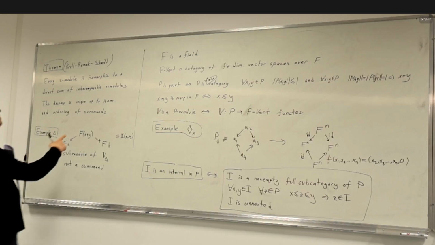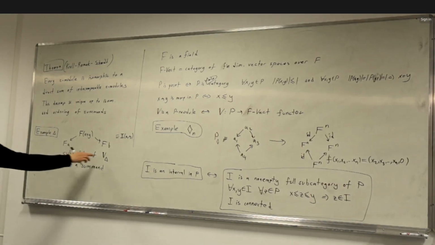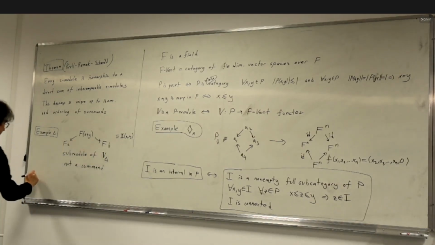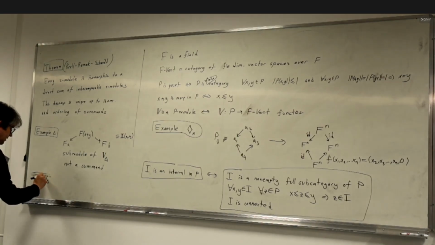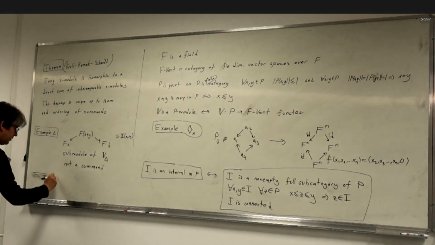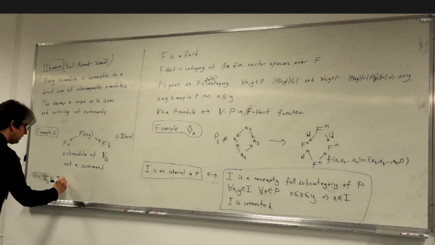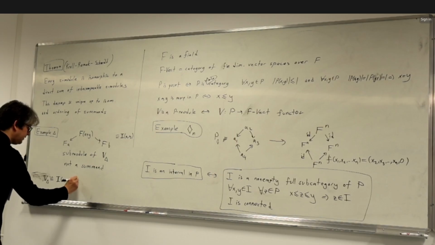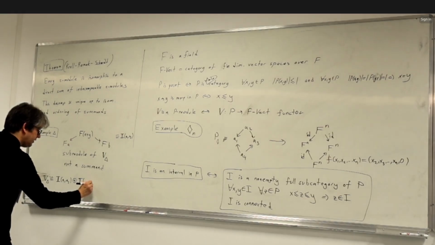So what's the unique decomposition of V triangle? V triangle is actually isomorphic to this interval module from A1 to A2 plus this interval module from A2 to A3.